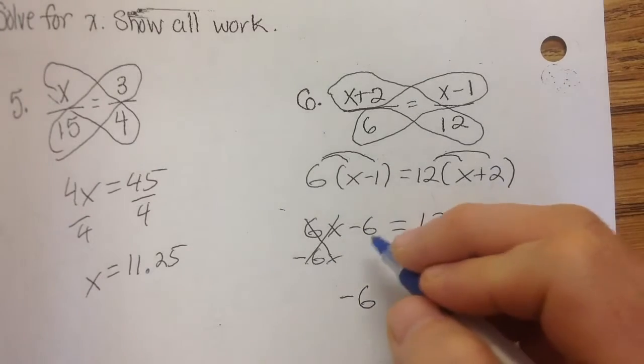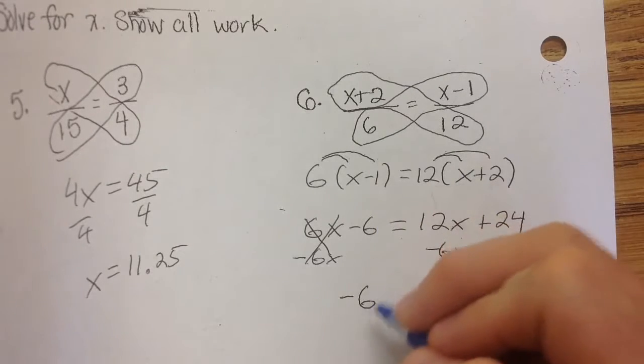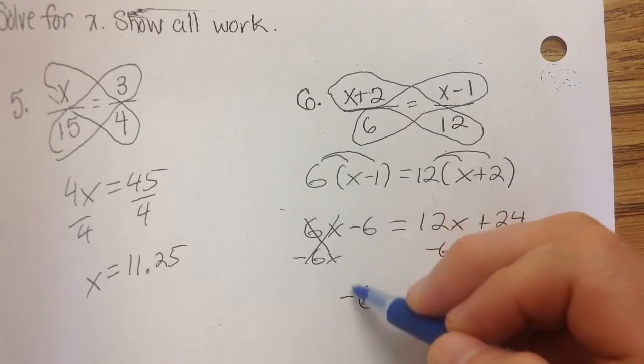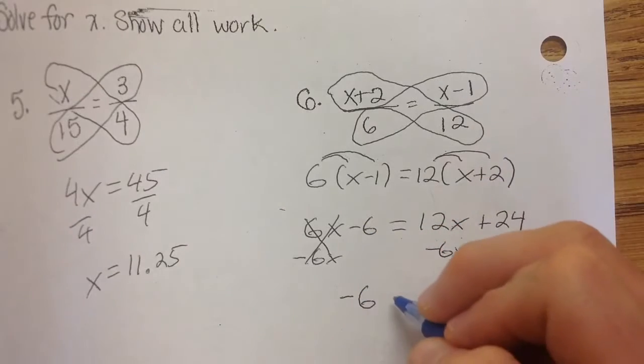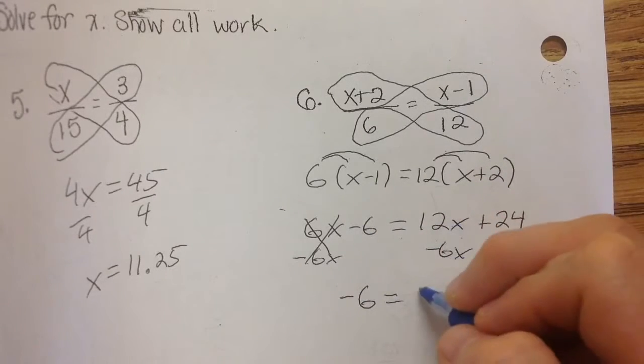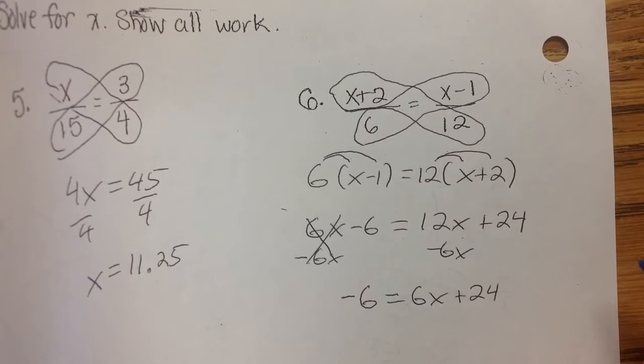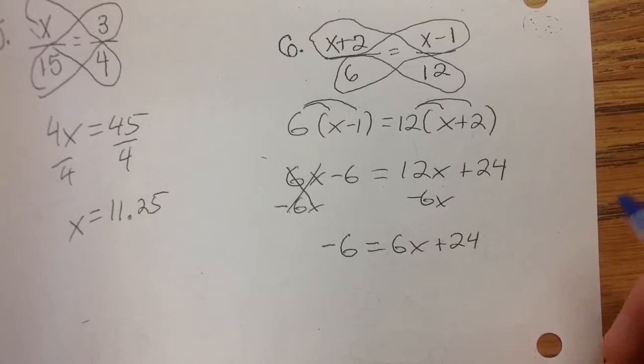Far too often I see kids just write 6 there, and the negative sign just sort of disappears on them. But this is a minus 6, so that minus sign comes down, and now we're left with a negative 6 equals 6x plus 24.